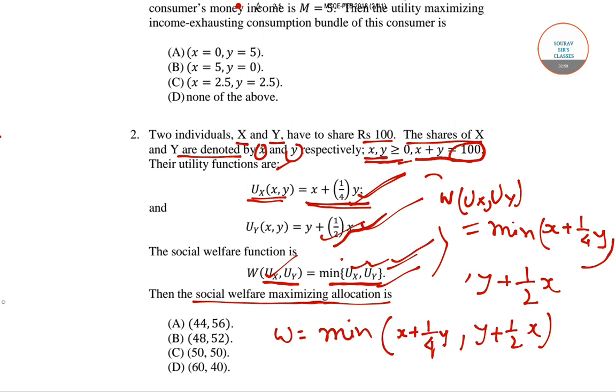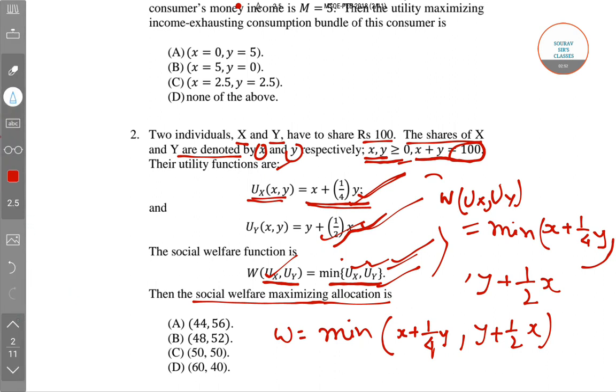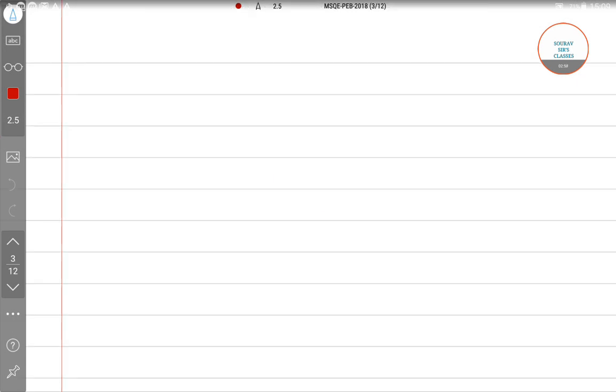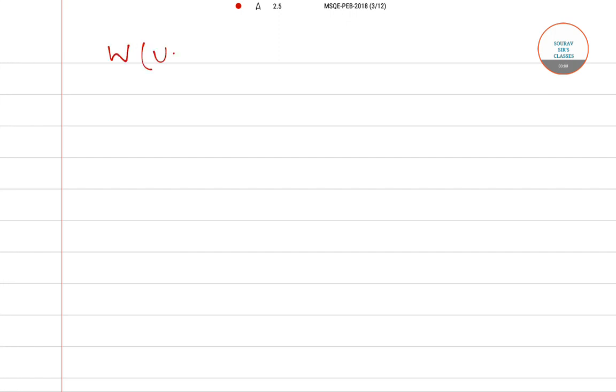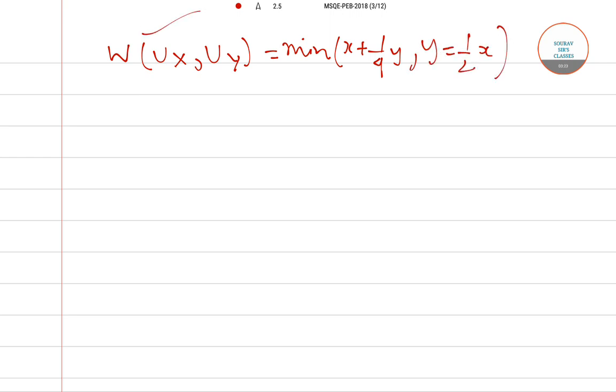Now from here what we have to do is we'll solve this. So this is the social welfare utility function, and in the social welfare function this must be equal to this.